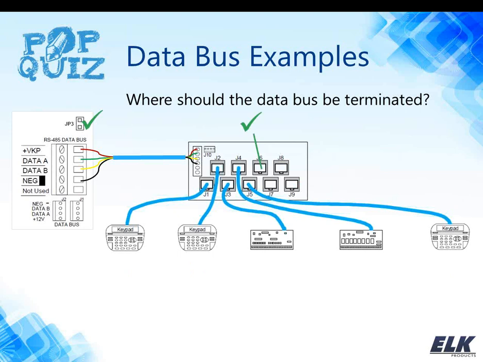So the hub itself is considered a single run to the control panel. So we don't have anything else going into the control panel, so we need our JP3 jumper. And then, just as Jonathan said, you're going to have your termination on your hub using the plug in the first empty port. You don't have to terminate any of your devices in this case, which again just really simplifies things for you.